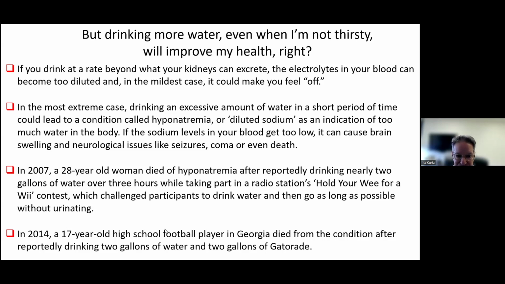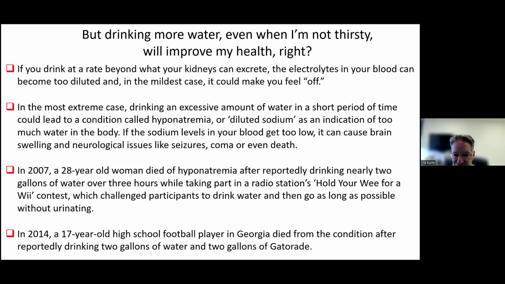And then in 2014, there was a 17-year-old high school football player in Georgia who died after drinking 2 gallons of water and 2 gallons of Gatorade. So you just can't drink and think it's a benign thing, especially when you don't know what you're doing to the biochemistry and physiology of your body. You're just doing it blind.